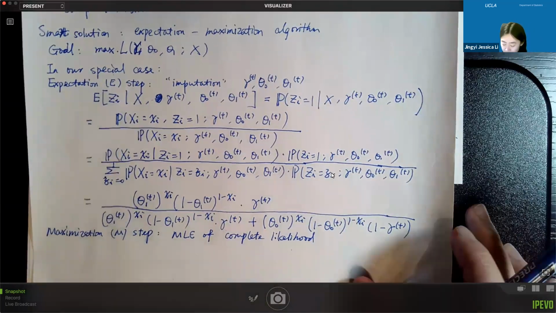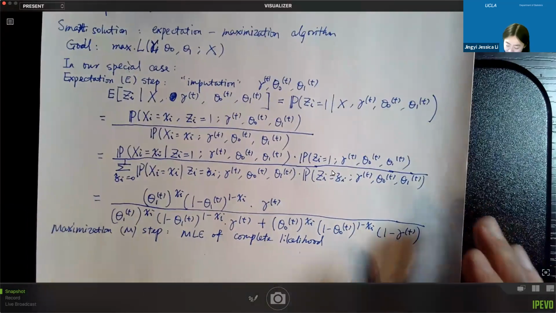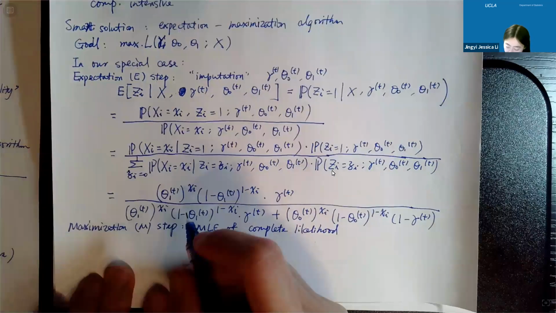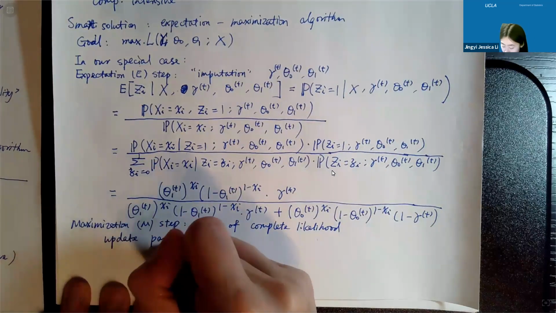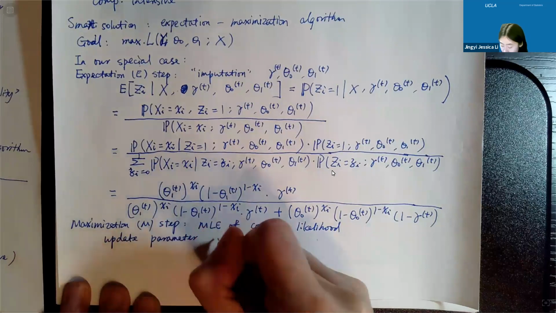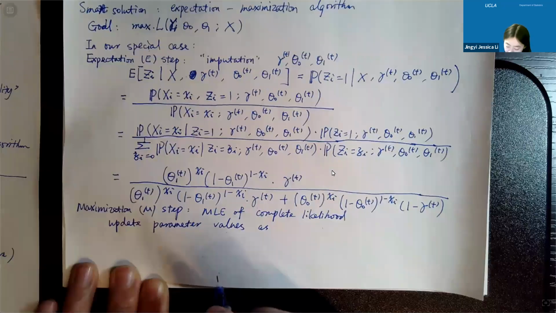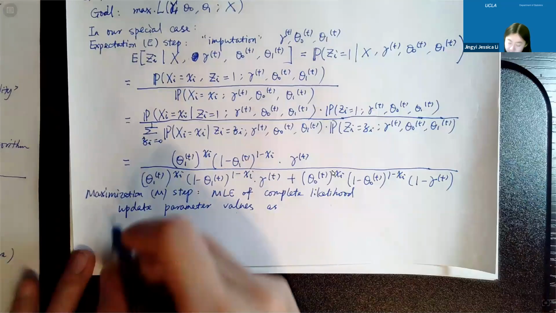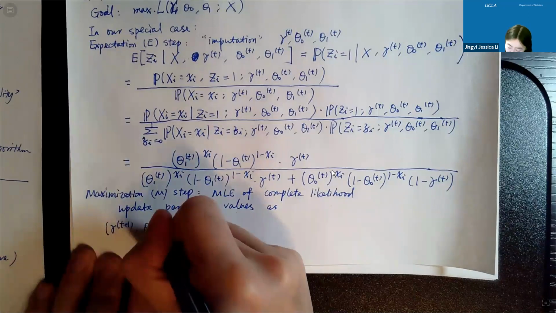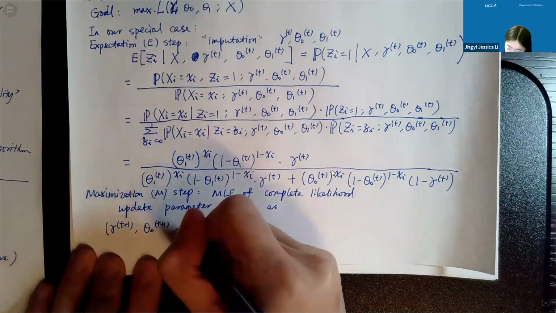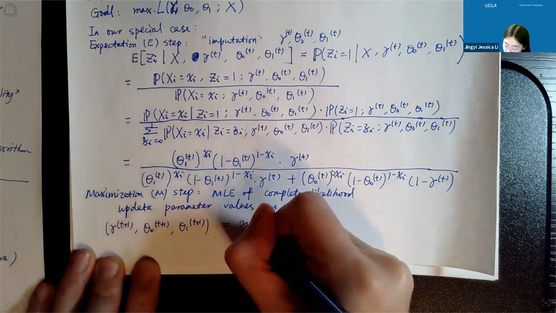So in other words, we are going to maximize, or we're going to update parameter values, I'll call them gamma t plus 1 for the next set of values, theta 0 t plus 1 and theta 1 t plus 1, as the maximizer.